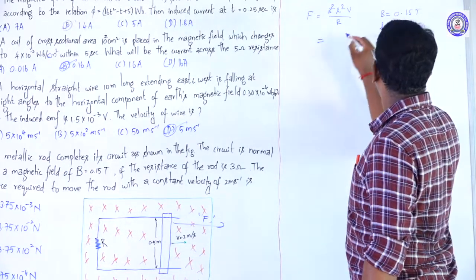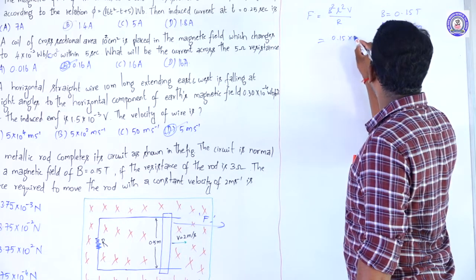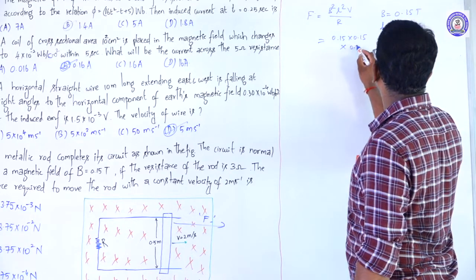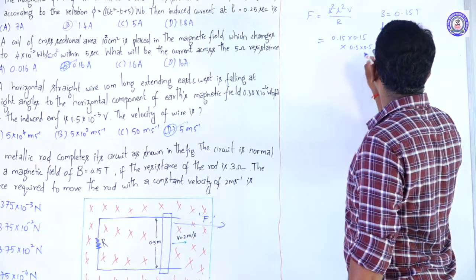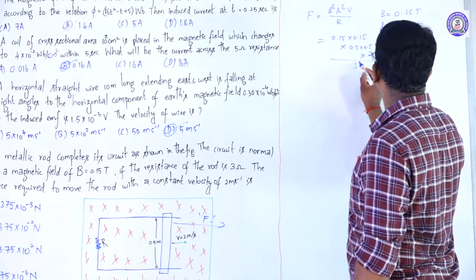Now substitute the known values: 0.15 into 0.15 into length value 0.5 into 0.5 and into velocity value 2 divided by resistance value 3.